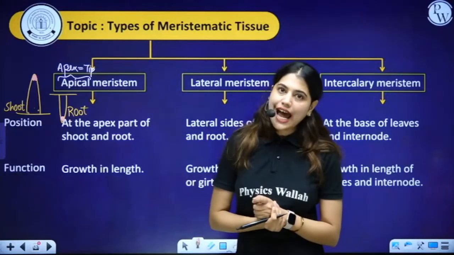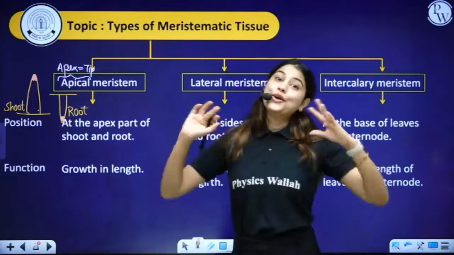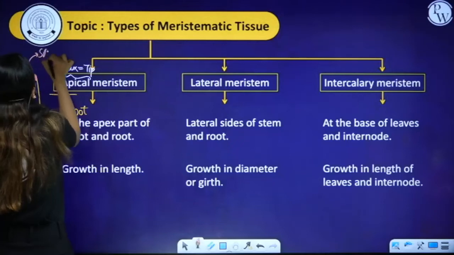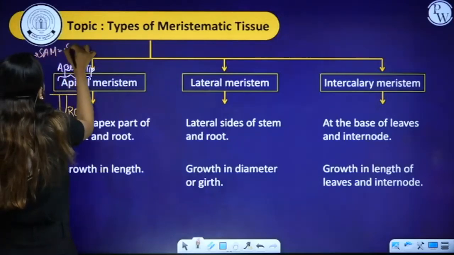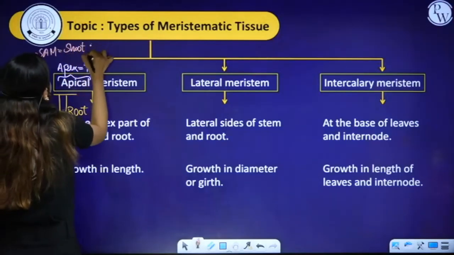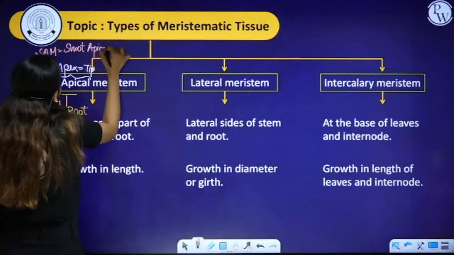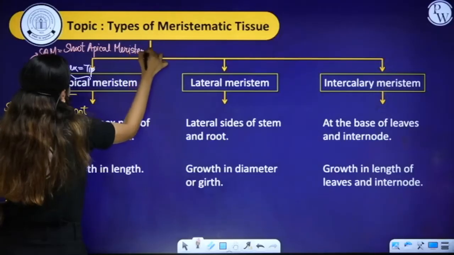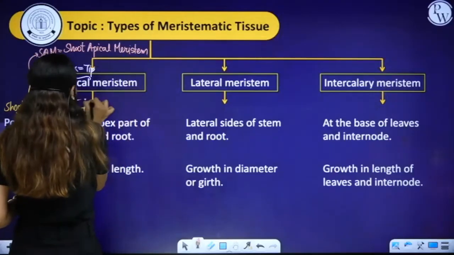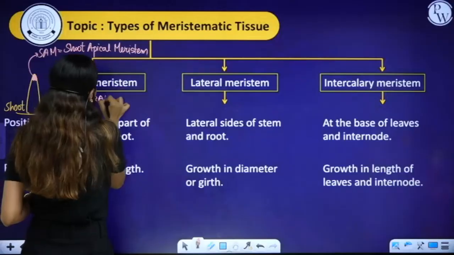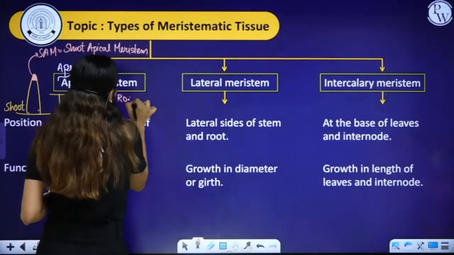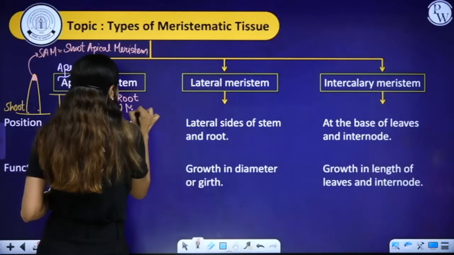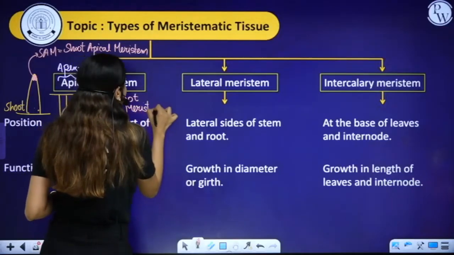If it is present at the root, I can call it RAM, root apical meristem. Easy peasy, right? I hope you are getting it.